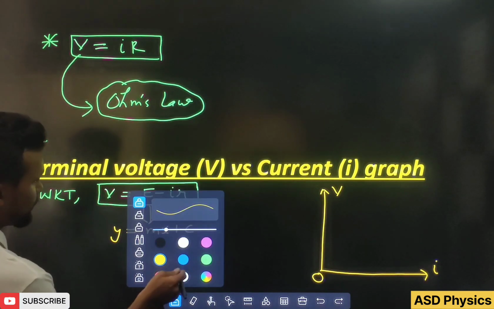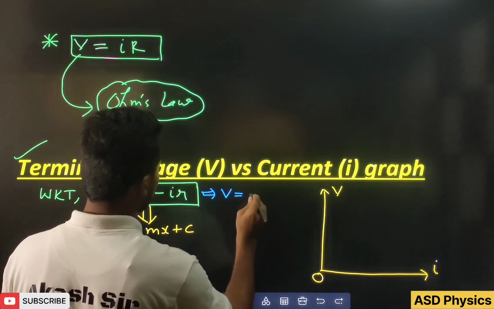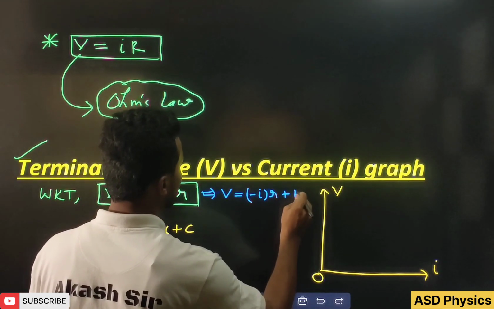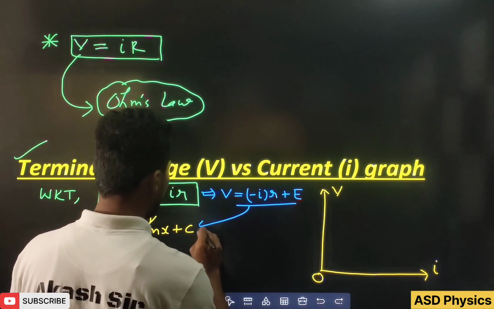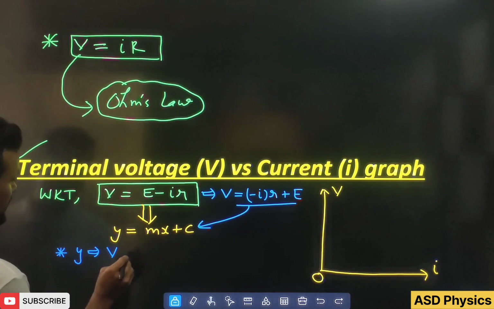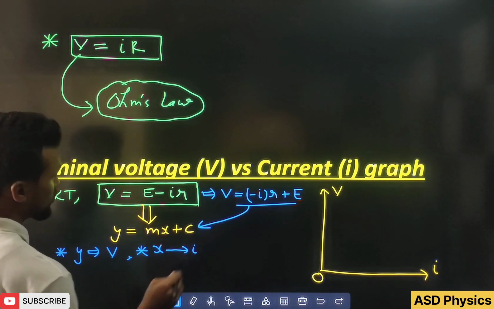If we want to compare with this, remember that this equation I will write like this: V equal to minus IR plus E. Now directly we can compare. Along the y direction, we have to take the voltage, and along the x direction, I have to take the current.